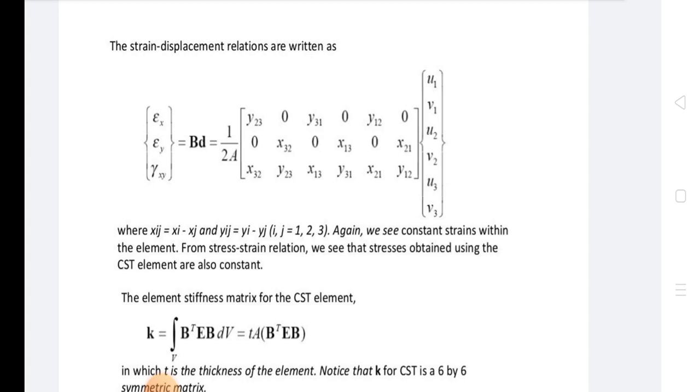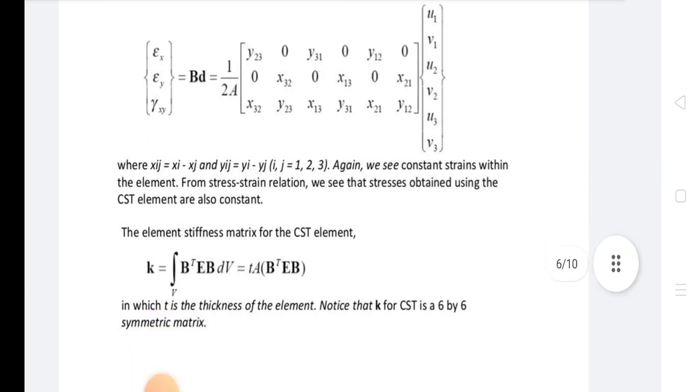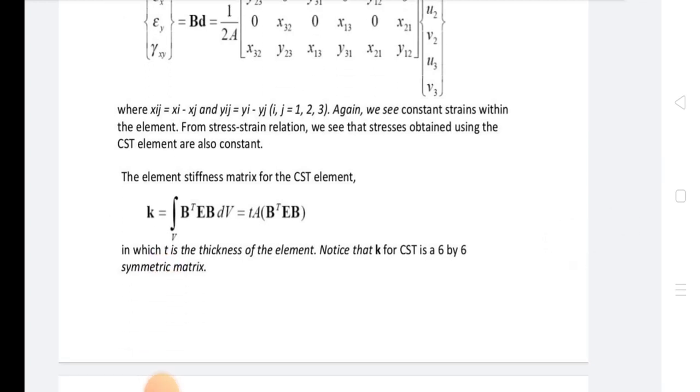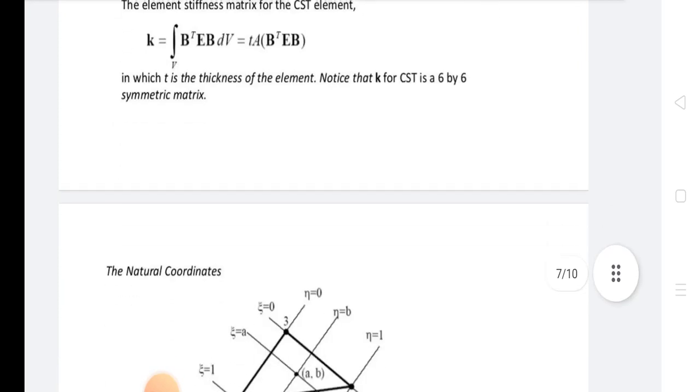From the stress strain relation we see the stresses obtained using the CST element are also constant. The element stiffness matrix for the CST element is K equal to integral over V of B transpose E B dV, equal to t into A into B transpose E B, in which t is the thickness of the element. Notice that K for CST is a 6 by 6 symmetric matrix.